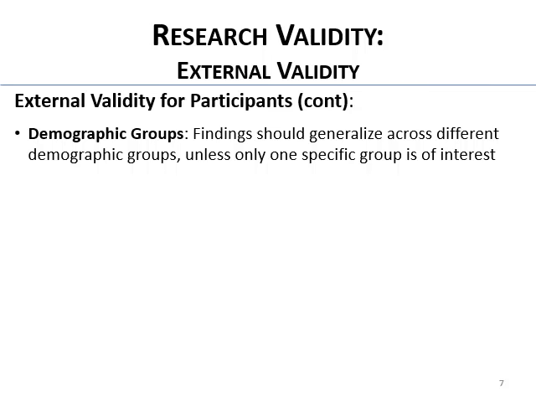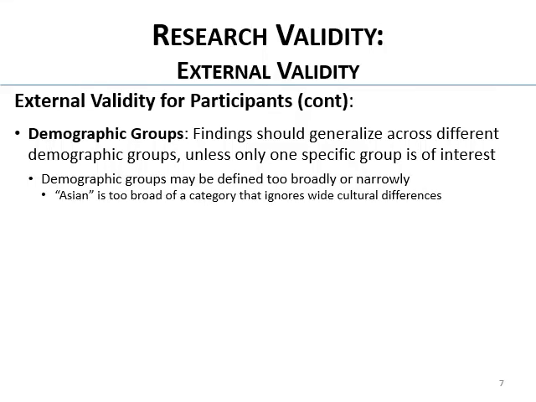When it comes to demographic groups, your findings should generalize across different demographic groups unless only one demographic group is of interest, right? So be careful not to define your demographic groups too broadly or too narrowly. I see this all the time.